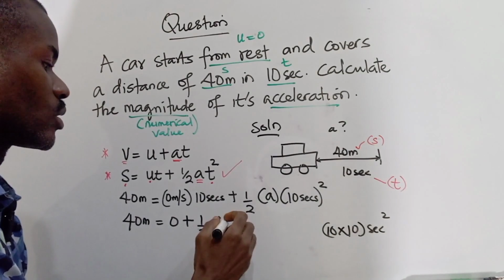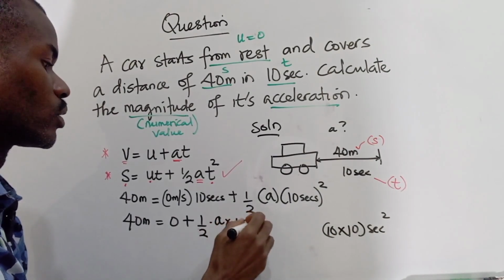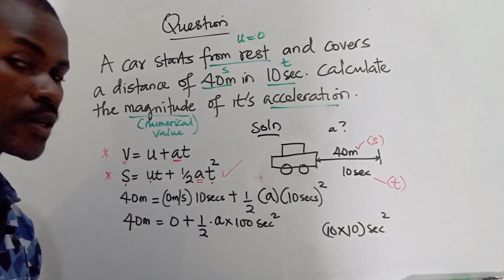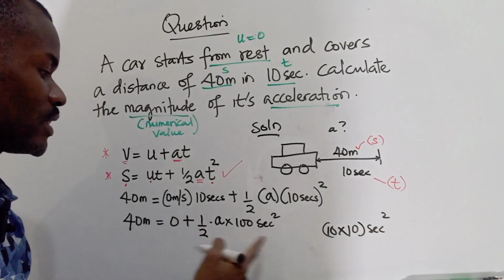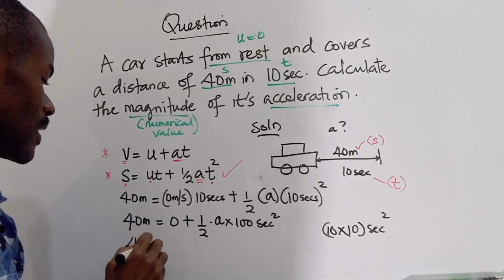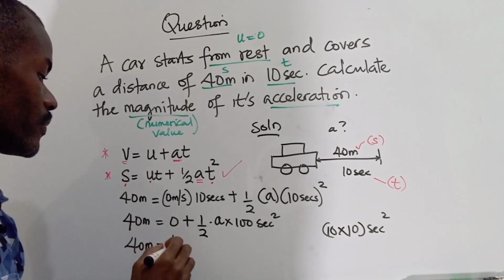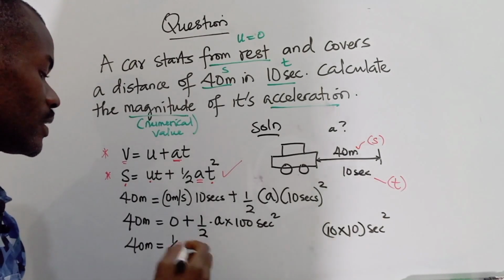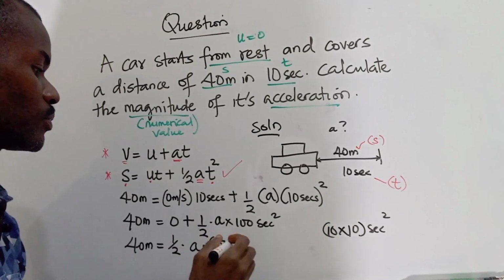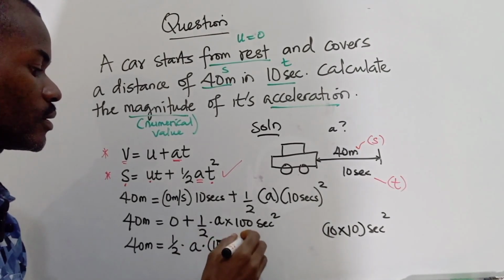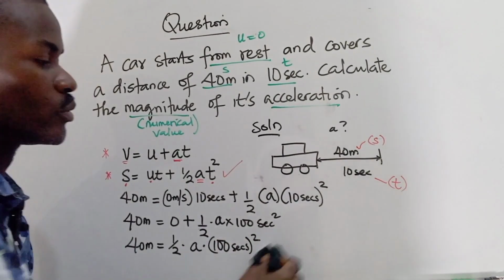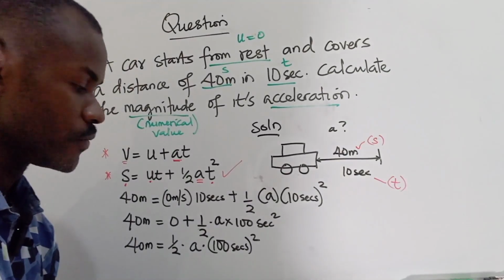So 0 plus this is still all this, so 40 meters is equal to half times A times 100 seconds squared. From this, we can now solve for the value of A.